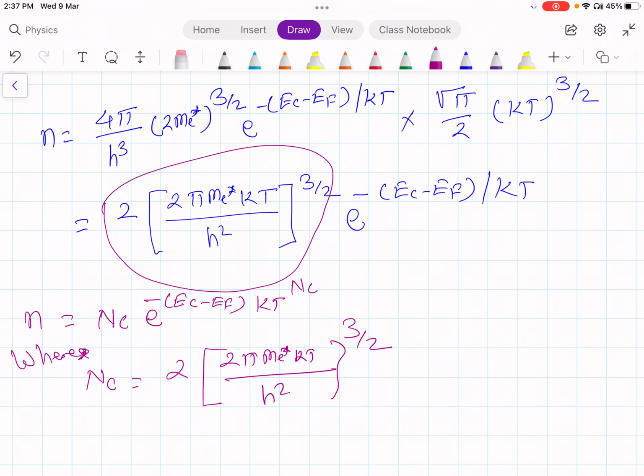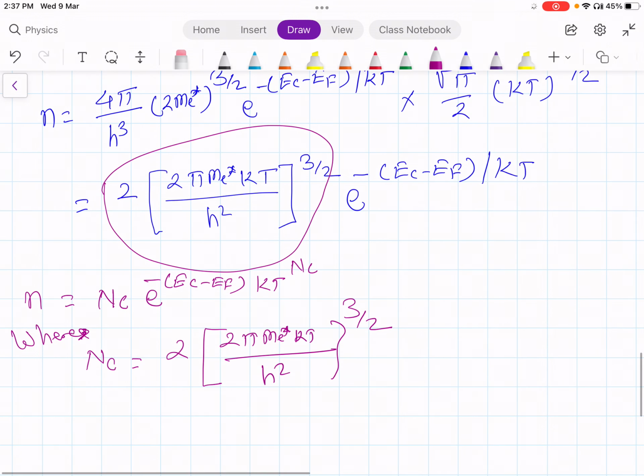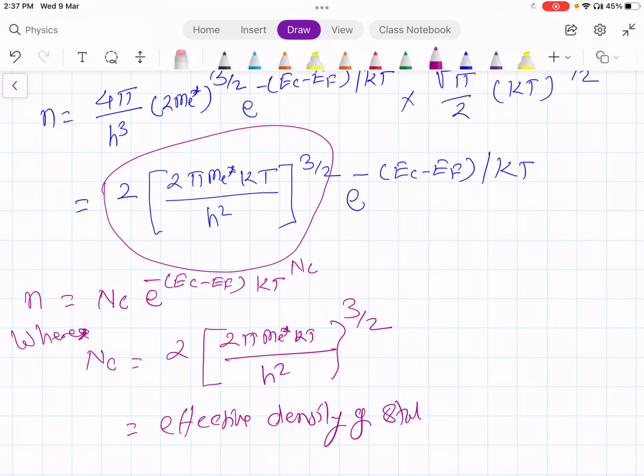That is Nc. It's a constant. And this Nc is nothing but the effective density of states in the conduction band.